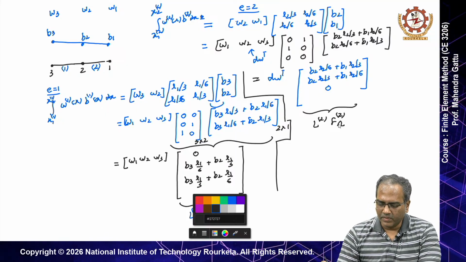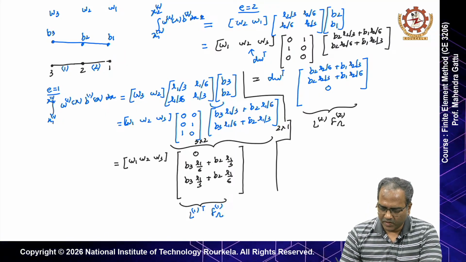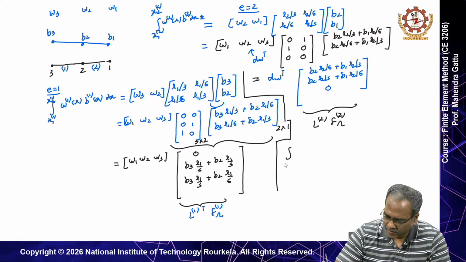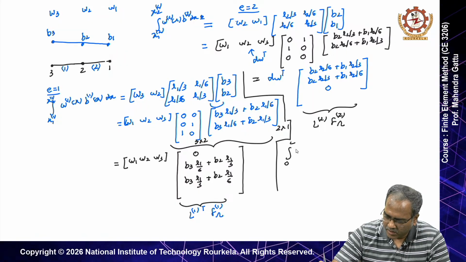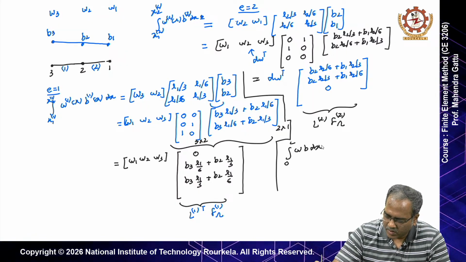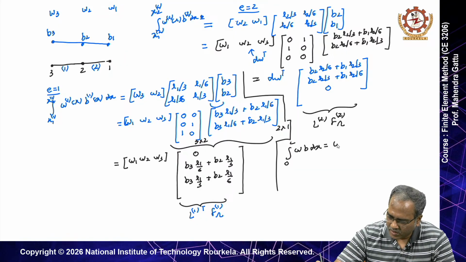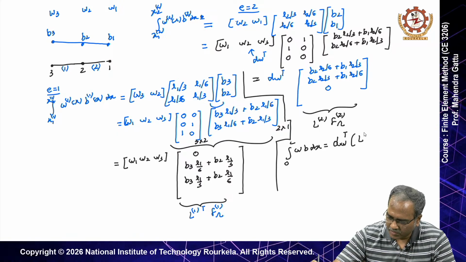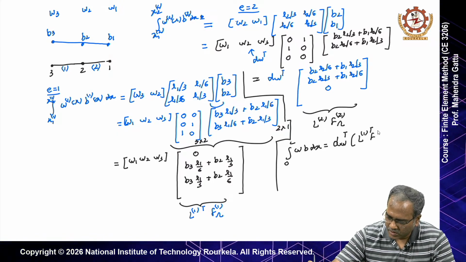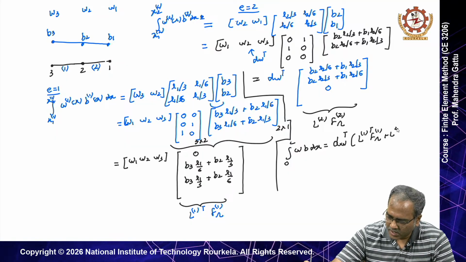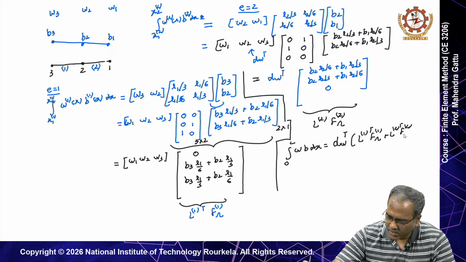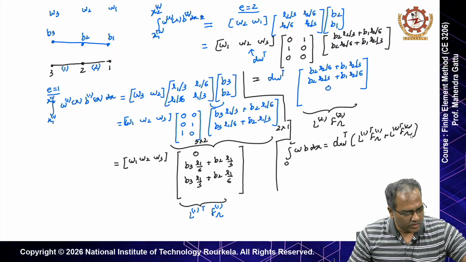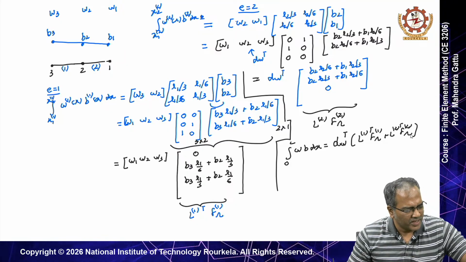Okay. So we can sum up these two terms and we get the second integral, the integral from 0 to L of W B dx. It will be the summation of dW transpose, which we can take out, and then the summation of L1 transpose F1 omega plus L2 transpose F2 omega.